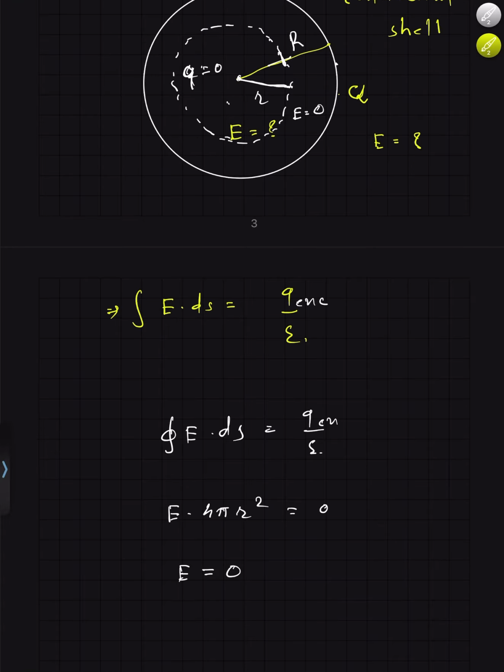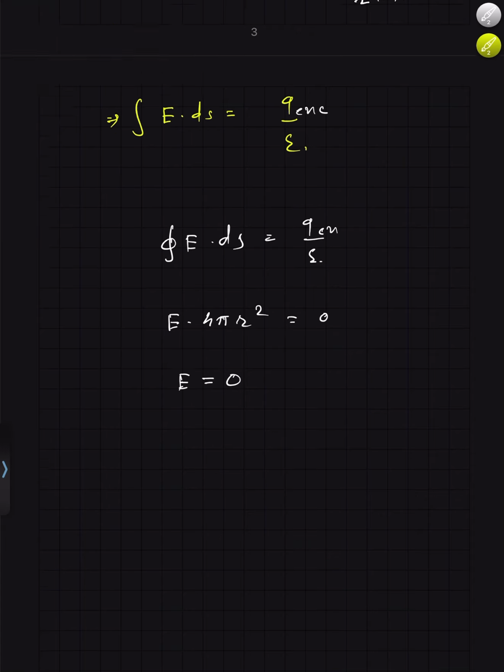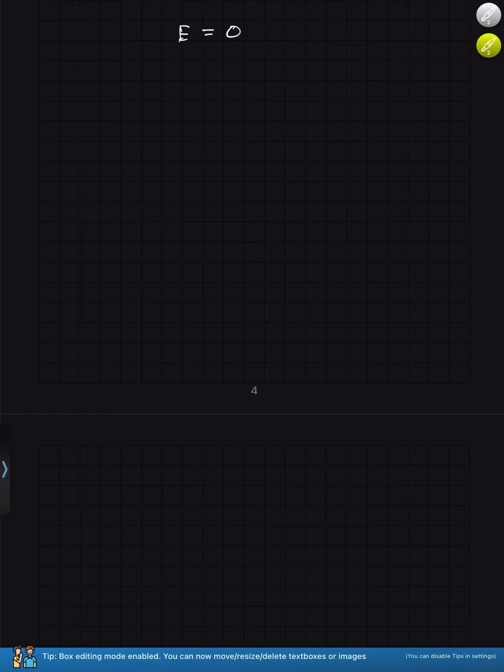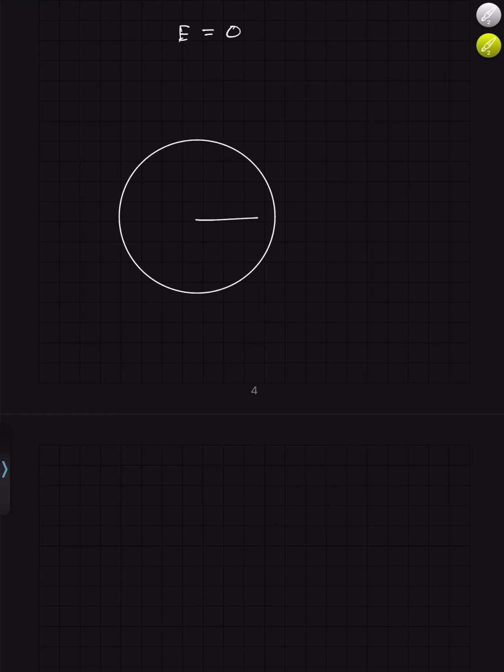But as you go to a radial distance r greater than capital R, what happens? This is your spherical shell of radius capital R. Now we have to find the electric field at a distance r greater than R. Imagine a spherical Gaussian surface at that distance.